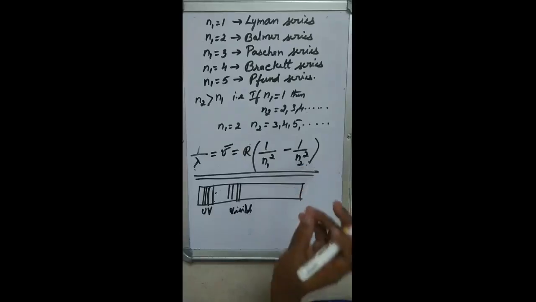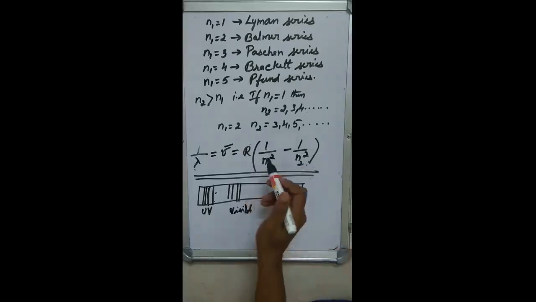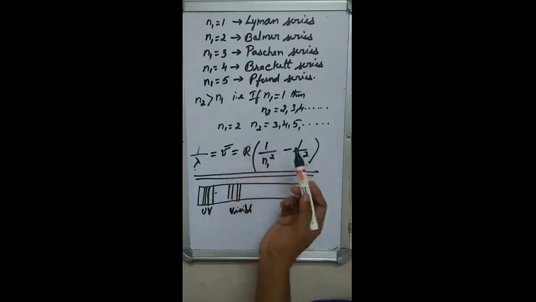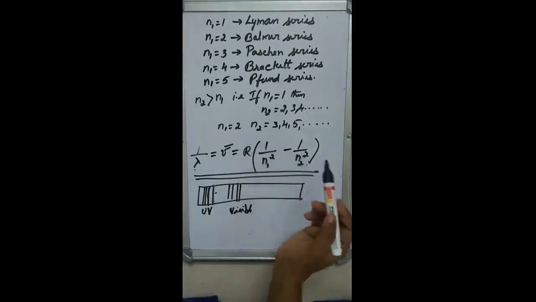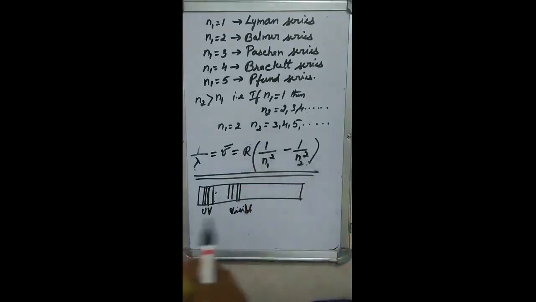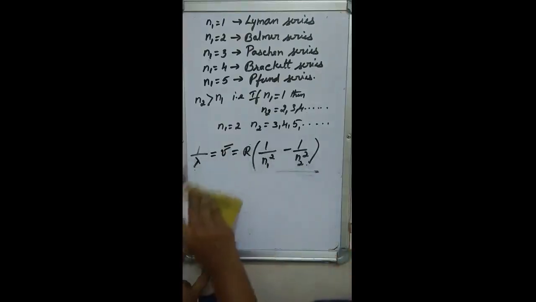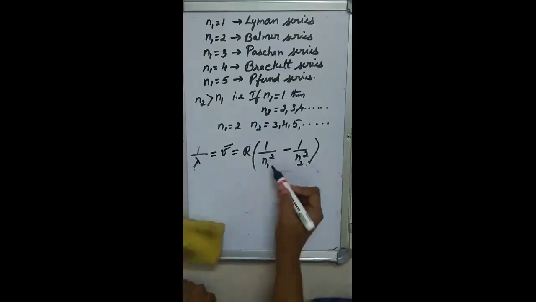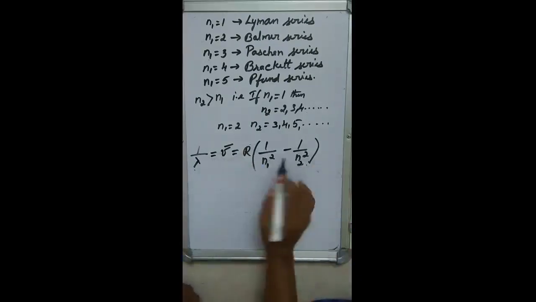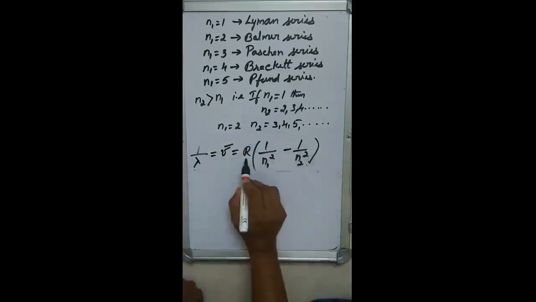Now I am going to explain how to calculate wave number or wavelength of the spectral lines of the different series. Now first problem, I will erase this. Here I will explain the formula first. R is the Rydberg constant.